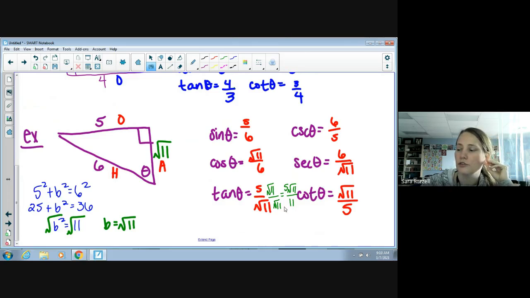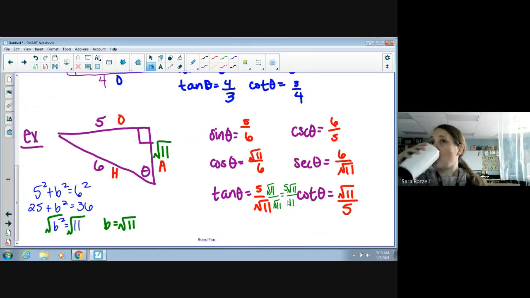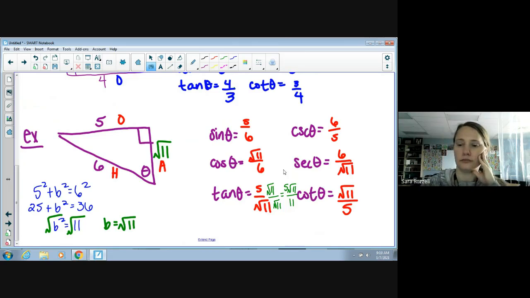And what other trig ratio do we need to do that on? Secant. So we need to do that on secant as well. So you just put root 11 on top and bottom.